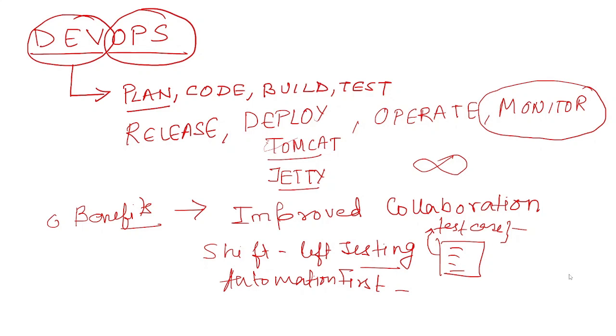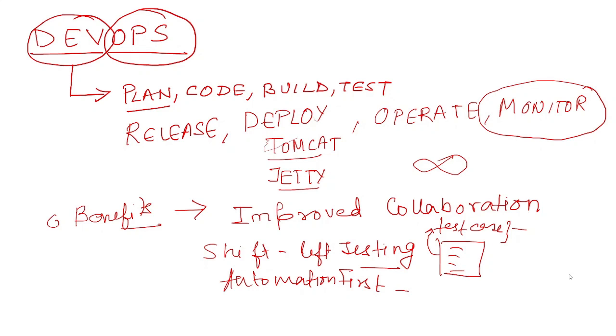So the main fundamental theme of DevOps is improved collaboration. With this, the development time, release time and deployment time get faster, and the app reaches the customer at a very fast rate.